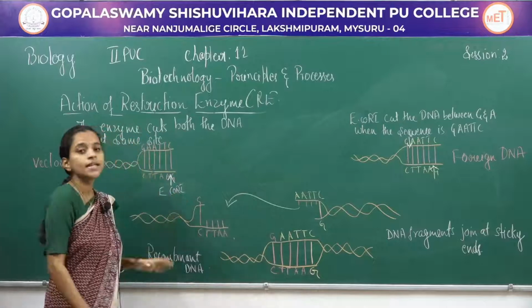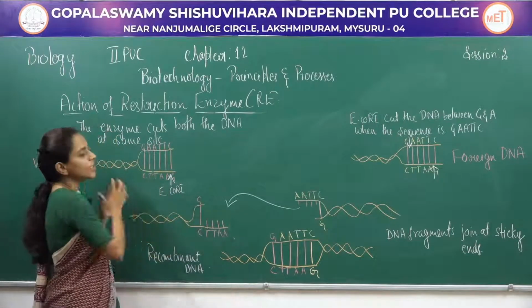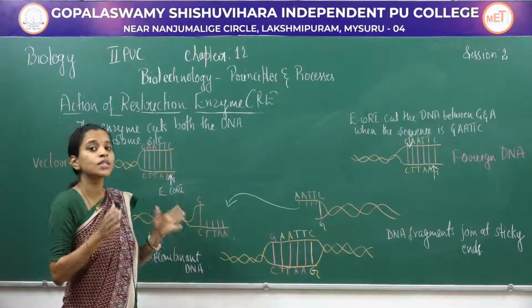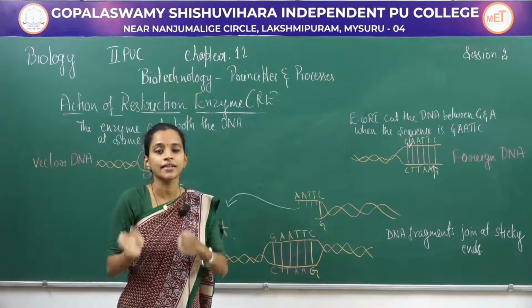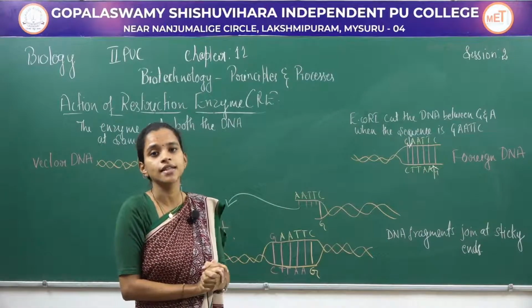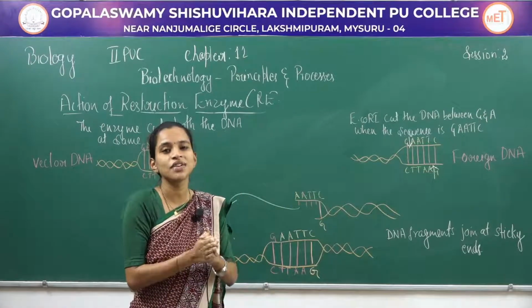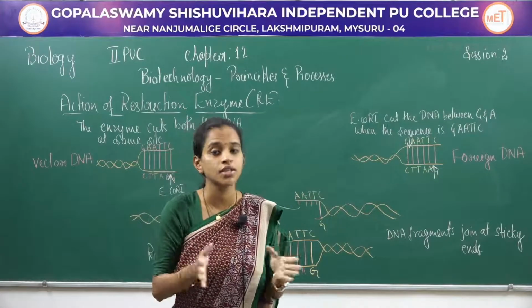Once again, the action of a restriction enzyme is very simple because we are using a particular enzyme which acts on both the vector DNA as well as the foreign DNA. Here the restriction enzyme used is E. coli. This E. coli acts on a specific DNA sequence or recognition sequence.